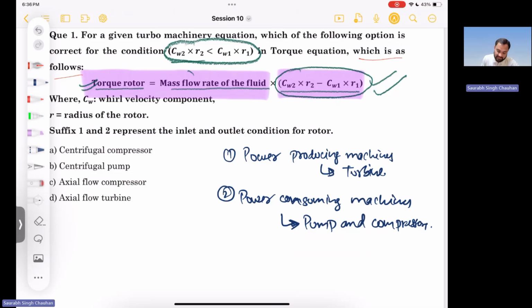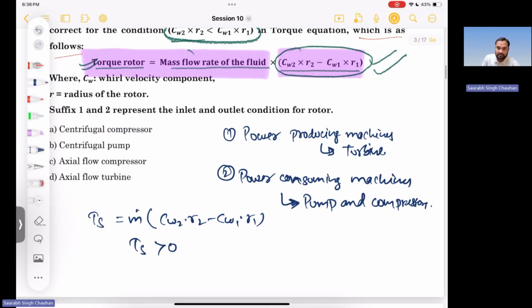So the torque, TS, is equal to mass flow rate times CW2 R2 minus CW1 R1. Machines for which TS is positive are work consuming, power consuming machines.